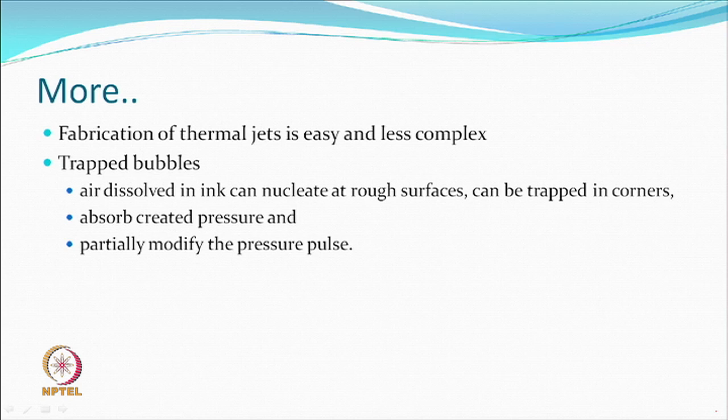This can also nucleate from the surfaces, can be trapped in the corners, and when the pressure is created by heating and generation of steam, that pressure partially can be absorbed by such trapped bubbles and can modify the pressure pulse, which would mean that you may have designed a certain drop volume, where the volume may be different than what you had planned, which may not happen when you are looking at a piezo based system, because that is based on displacement.